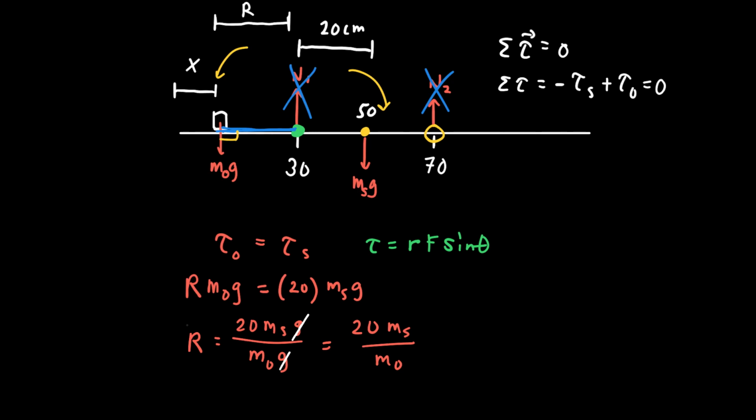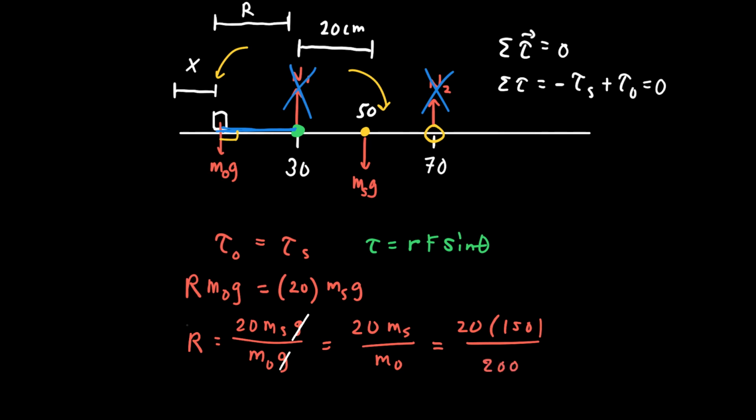If those two things are given in grams, then I could plug those in and solve for r in centimeters. And I think for the example that we were doing in class, the mass of the meter stick was on the order of about 150 grams, and the mass of the object was on the order of 200 grams.